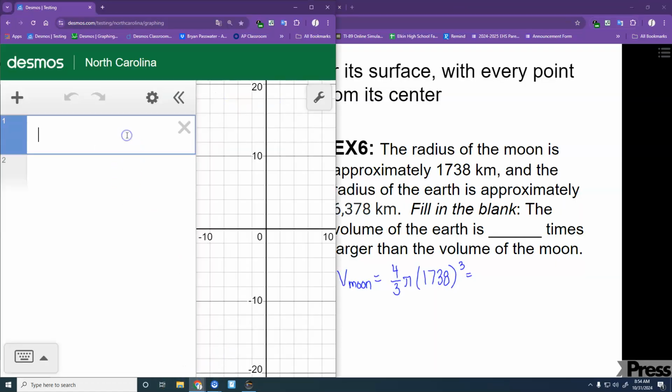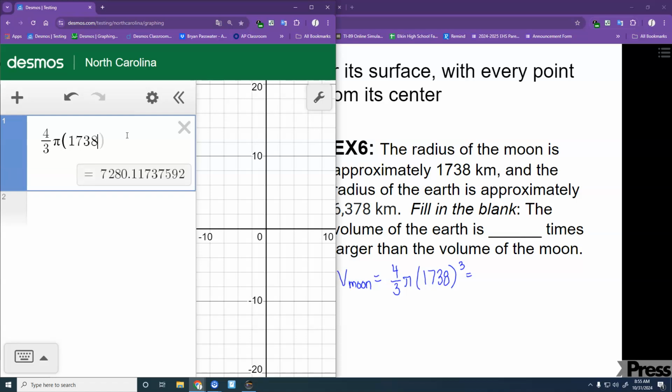Okay, so we've got 4/3 pi times 1738 square. Oh, no, see, look, I just did it. I just warned you, and I just did it. It is cubed, not squared. Oh, good gracious. What is that? All right, this is scientific notation because the number is too big.